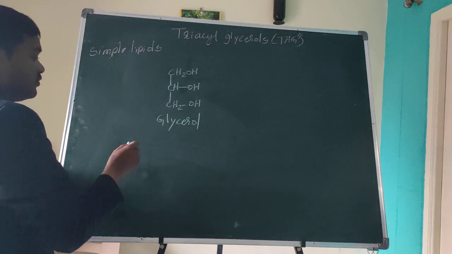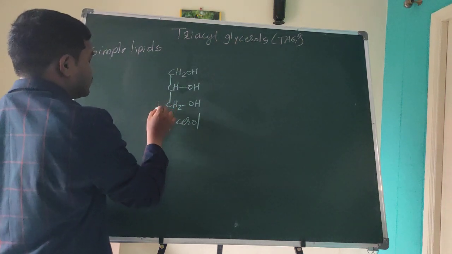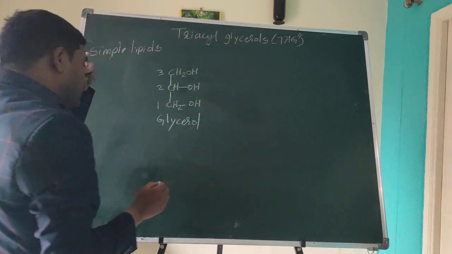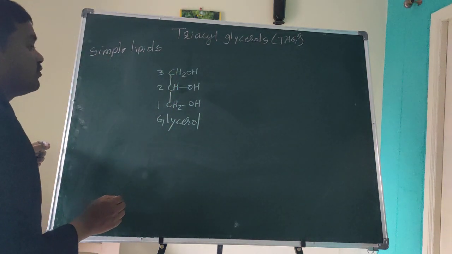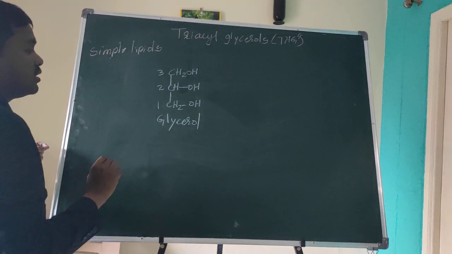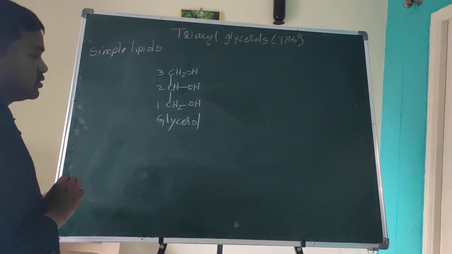Glycerol has three positions, one, two, three, where an aliphatic chain of a fatty acid can be inserted into the glycerol through an ester bond.